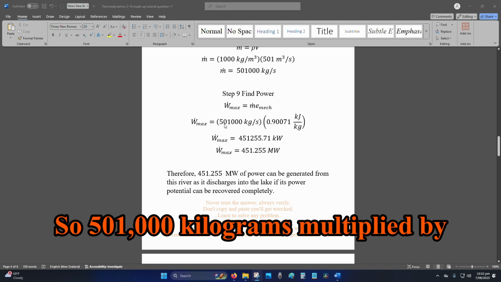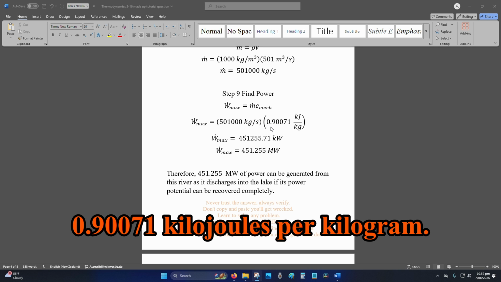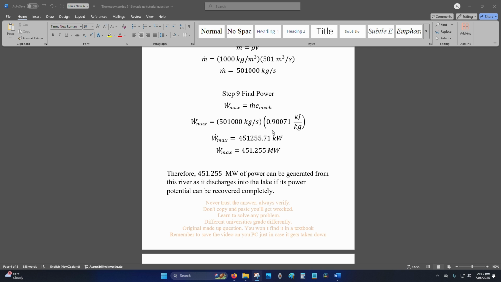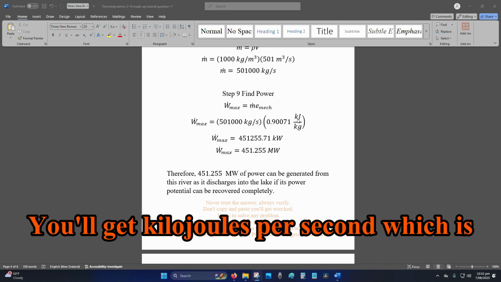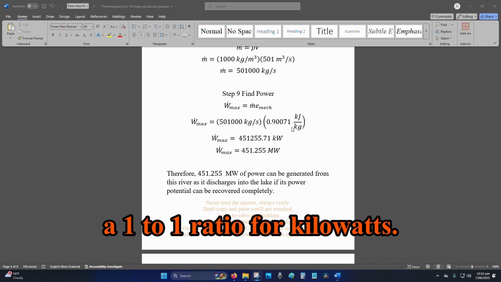So 501,000 kilograms per second multiplied by 0.90071 kilojoules per kilogram. So the units will cancel for the kilograms. You'll get kilojoules per second, which is a 1:1 ratio for kilowatts.